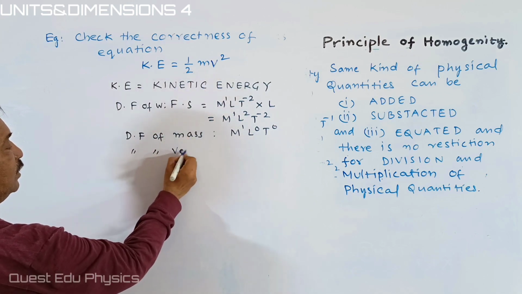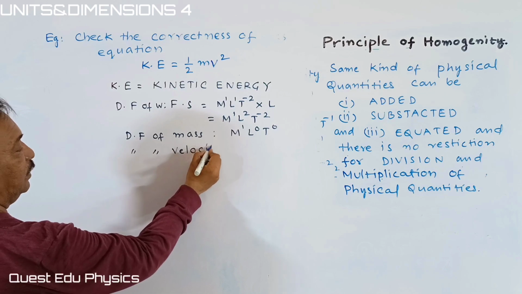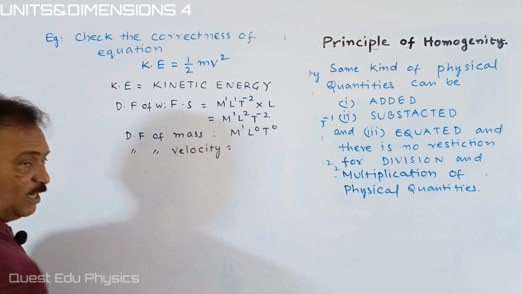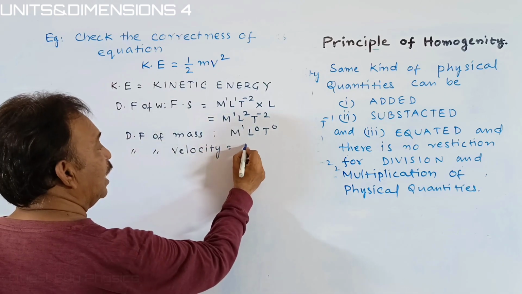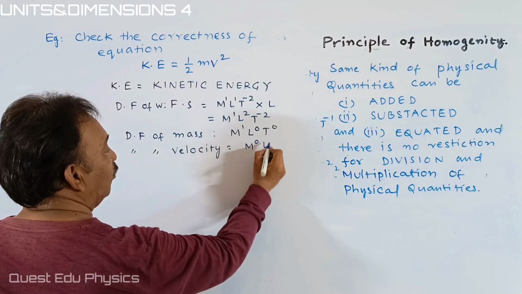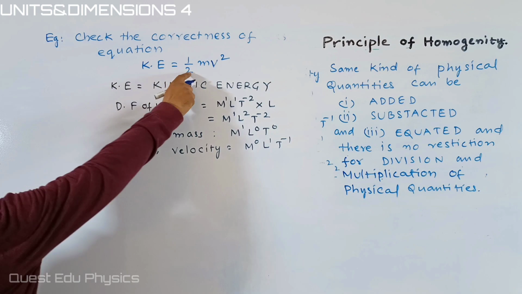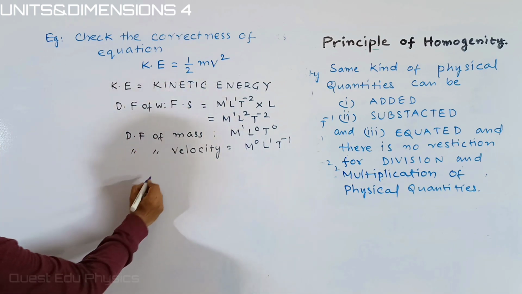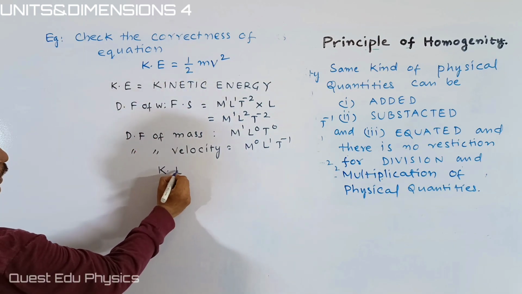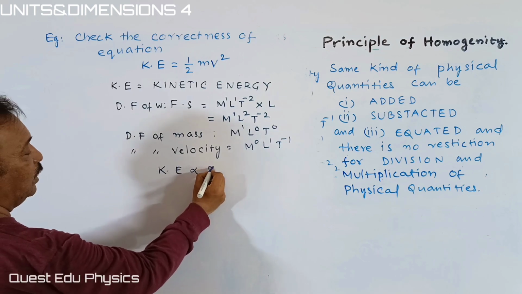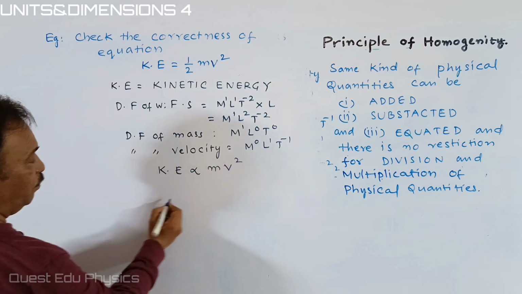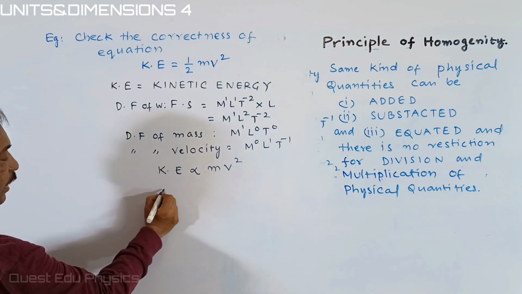V means velocity. Velocity is displacement upon time, that is M0, L1, T inverse. Okay, students? I said numbers don't have any value in it. You can write K is proportional to M V squared. The proportionality constant we are taking as one.